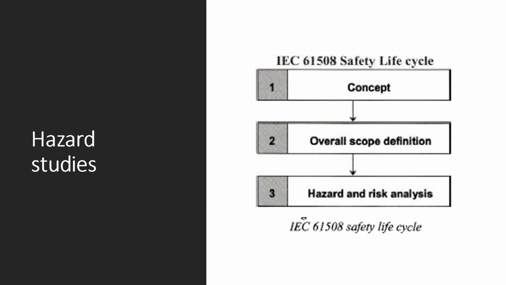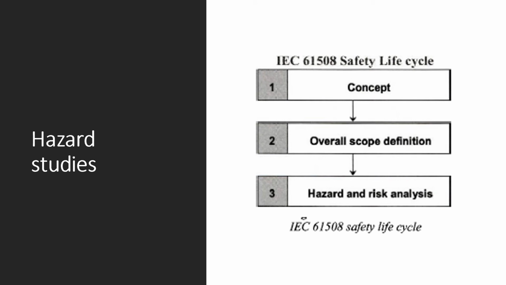Studies begin at the earliest possible stage of a project when the concept or process outline is established and are repeated in greater detail as the design and construction of the plant progress. Using this method, potential hazards are identified at the earliest possible stage in a design when corrective actions are easier to carry out.